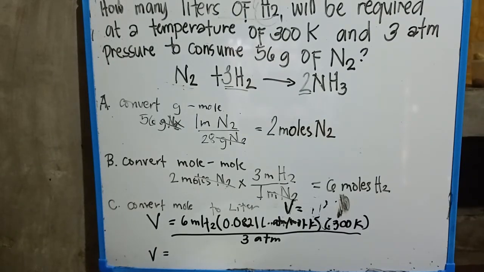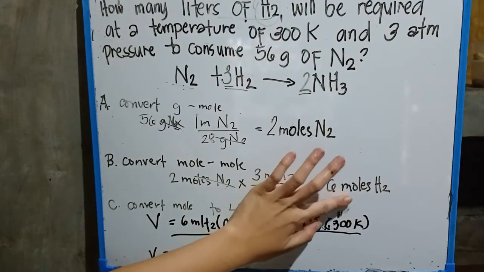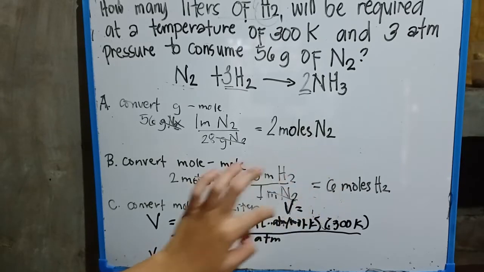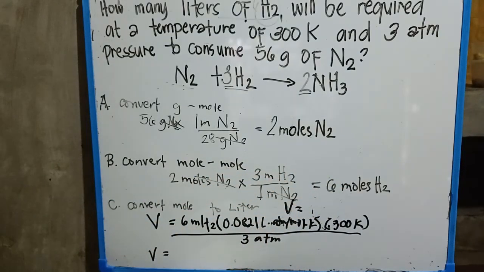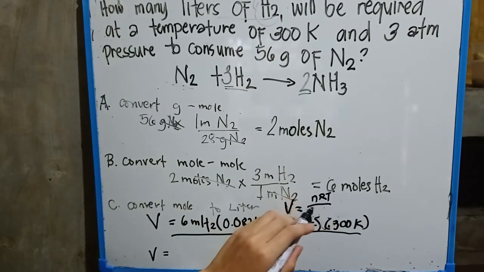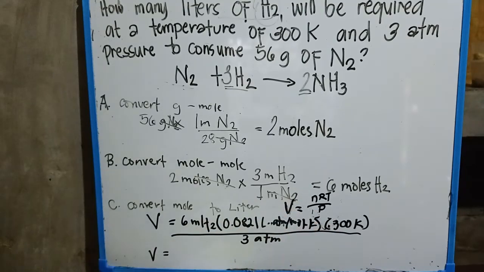So 6 times 0.0821 times 300 divided by 3. So the answer is, yes, it is 49.26 liter.